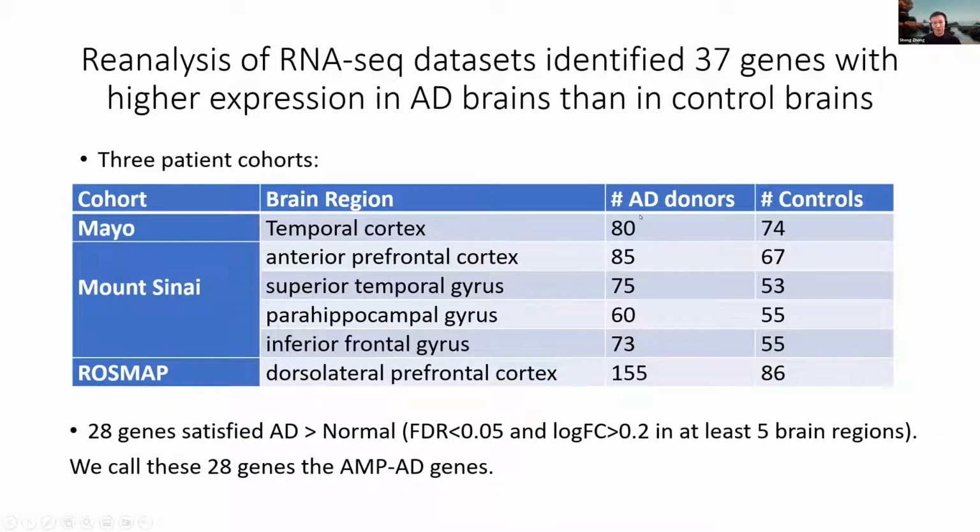In these cohorts, they used RNA sequencing on several brain regions that are related to Alzheimer's pathology in approximately 80 to 100 plus donors with or without AD. And it's actually new; even before those cohorts, there were very few genes known at the gene expression level.